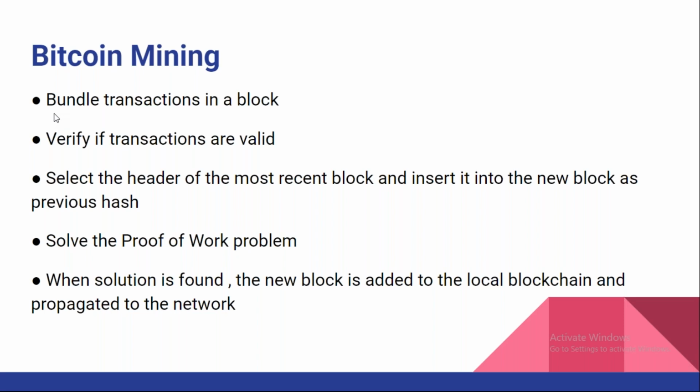A general example: suppose I have one account and I get 5 Bitcoins every day. For every transaction I will have one address.